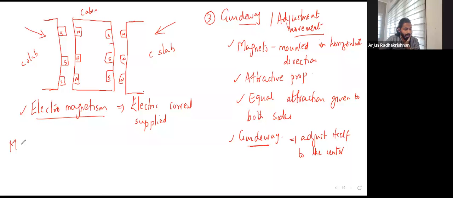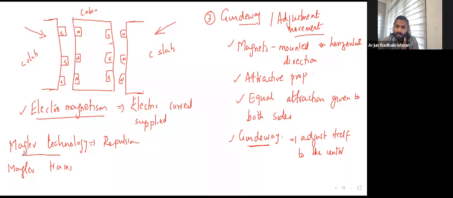Right. So in maglev technology, we use only repulsion. But maglev trains use both attraction and repulsion. Maglev technology we discussed in the beginning.